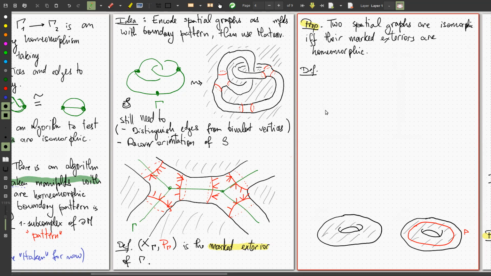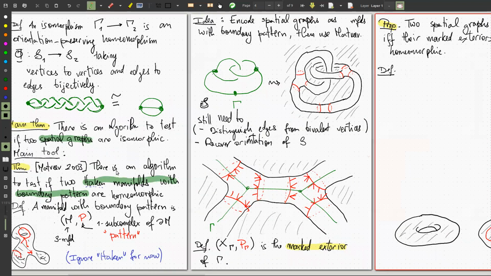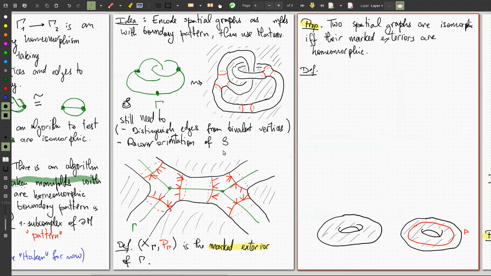Yes, okay, so for now, if it were not for this thing that I've refrained from talking about much, which is this Haken adjective, the result would be done, right? Because we have a spatial graph, we construct this marked exterior, which is a construction that involves no choices.